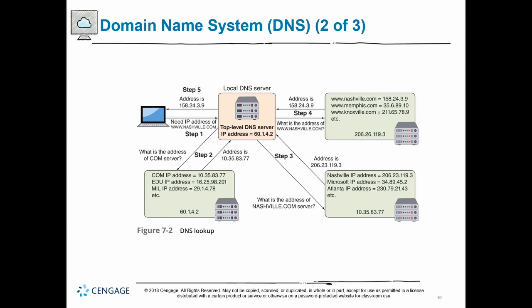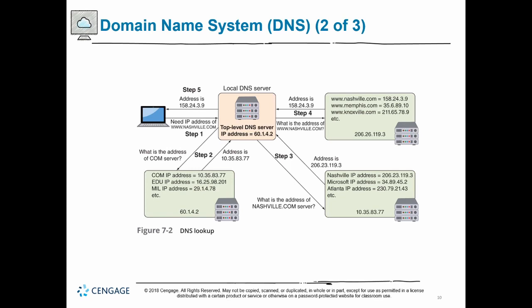So here we talk about, it said hierarchy, right? The way DNS works is based off hierarchy. So it starts actually from the right and goes all the way to the left.